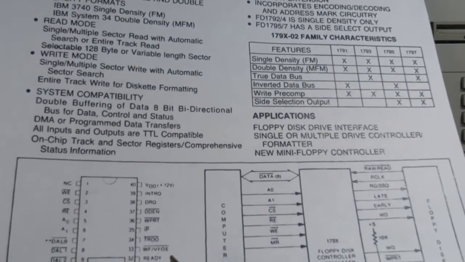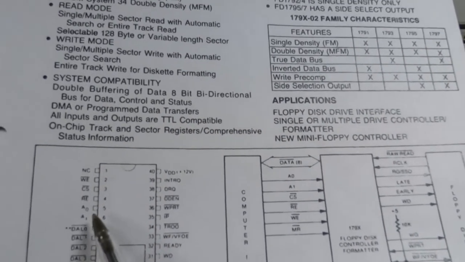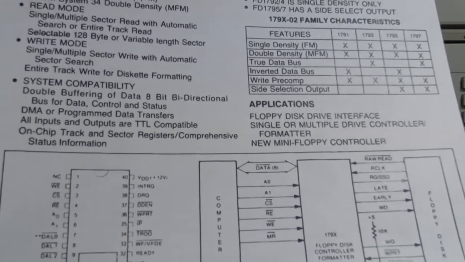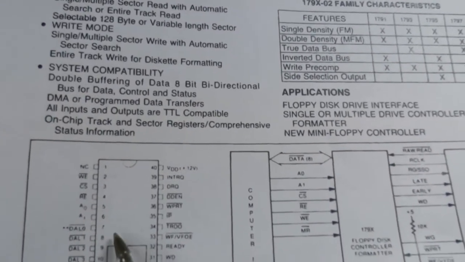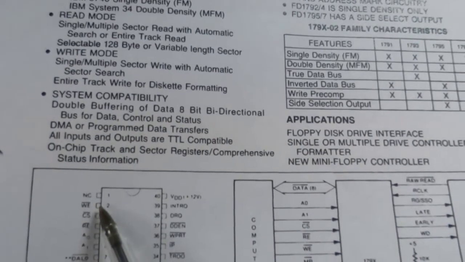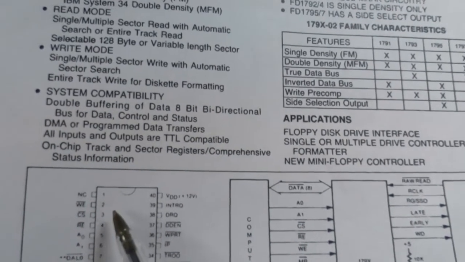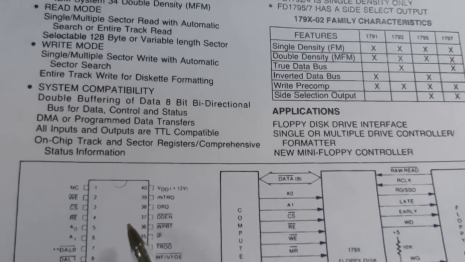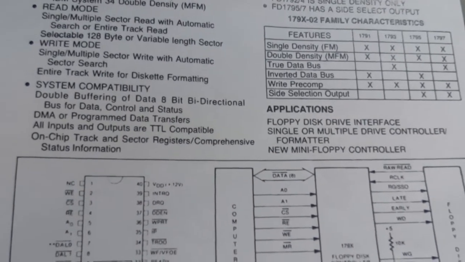I won't show you the full spec sheet, so this video doesn't get too long, but the A0 and A1 lines are used to select one of the 4 internal registers, and whether the read enable or the write enable is active will determine whether we are reading from or writing to the selected register. And of course the chip select line is used to enable the overall chip.